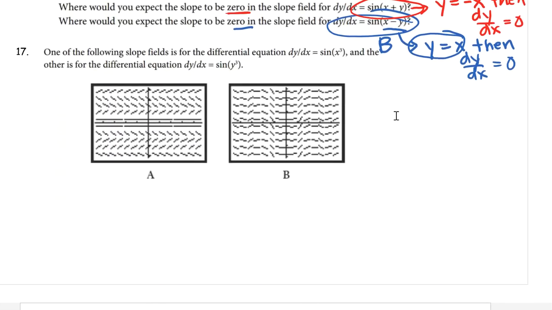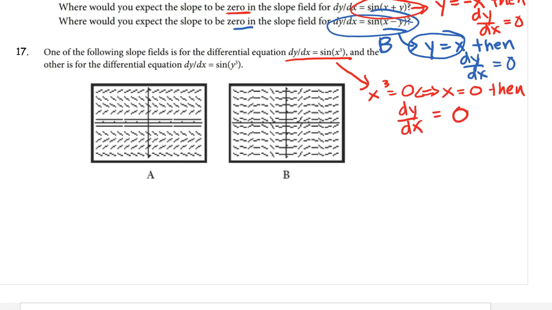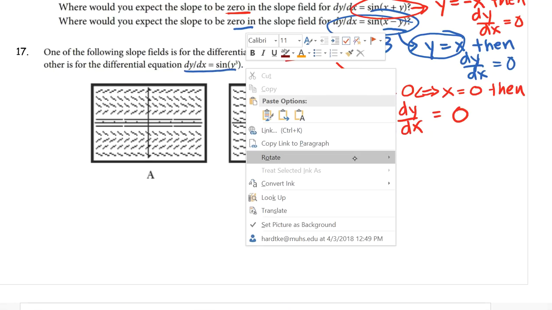All right, similarly, what if we had to match sine of x cubed versus sine of y cubed? Well, let's do the same idea here. When x cubed is equal to 0, that of course is equivalent to saying x is equal to 0, then dy/dx, the slopes will be equal to 0, and compare that to using the sine of y cubed.